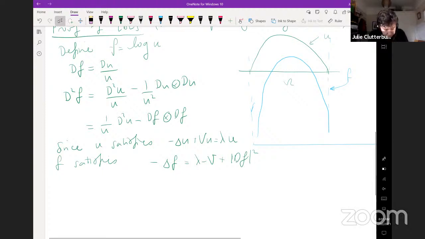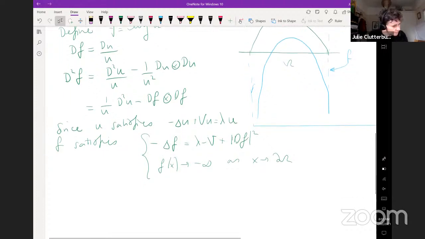Okay. And we also have the boundary conditions. f of x goes to minus infinity as we approach the boundary, and df also becomes unbounded.